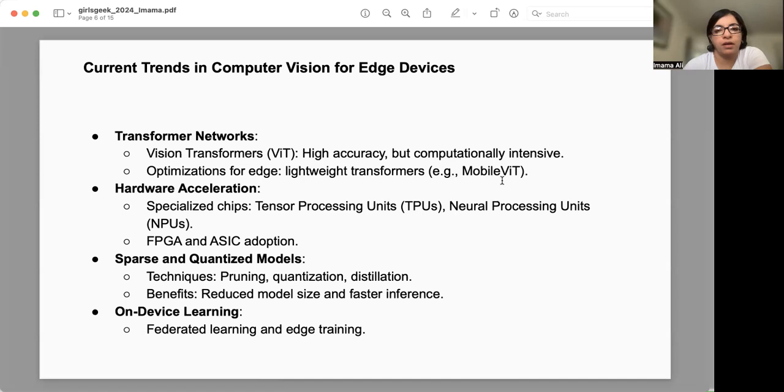People are also using other techniques to compress these models, like pruning and quantization. A lot of weights do not contribute during inference time, so people do pruning to get rid of those weights and make the model smaller.